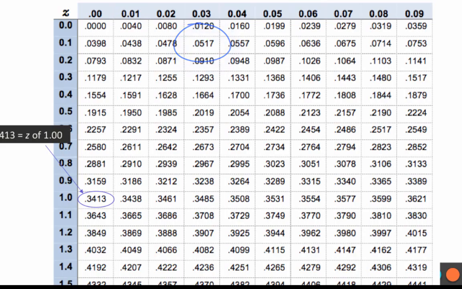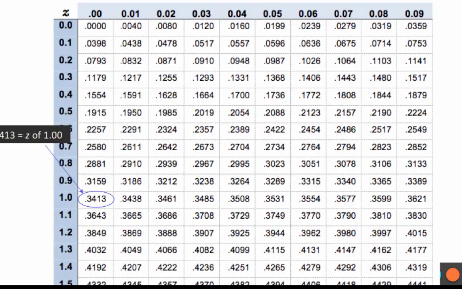How about 0.19? 0.0753. Are you seeing how this works? How about the proportion of scores between the mean and a z-score of 0.45? We go down to 0.4 and over to 0.45. It's 0.1736.